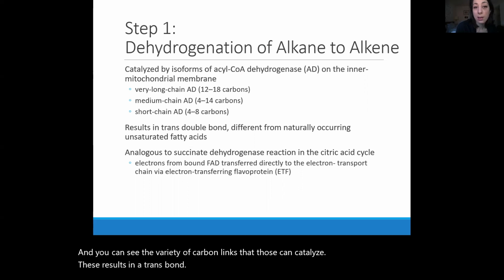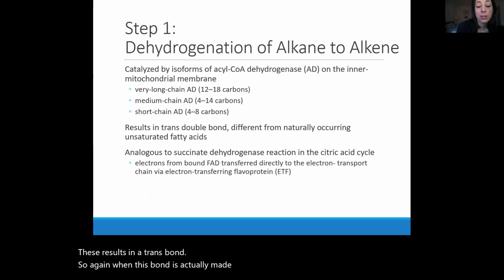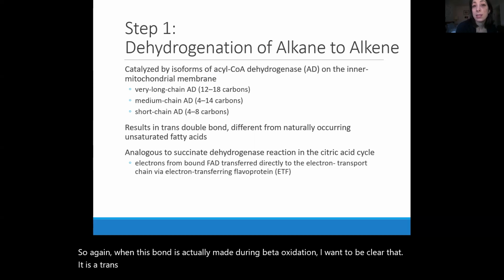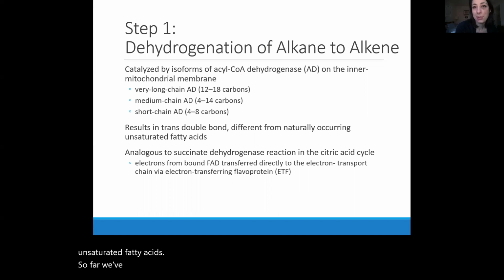So again, when this bond is actually made during beta oxidation, I want to be clear that it is a trans double bond, which is different from naturally occurring unsaturated fatty acids. So far, we've just talked about what happens when you have a fatty acid that has all single bonds.